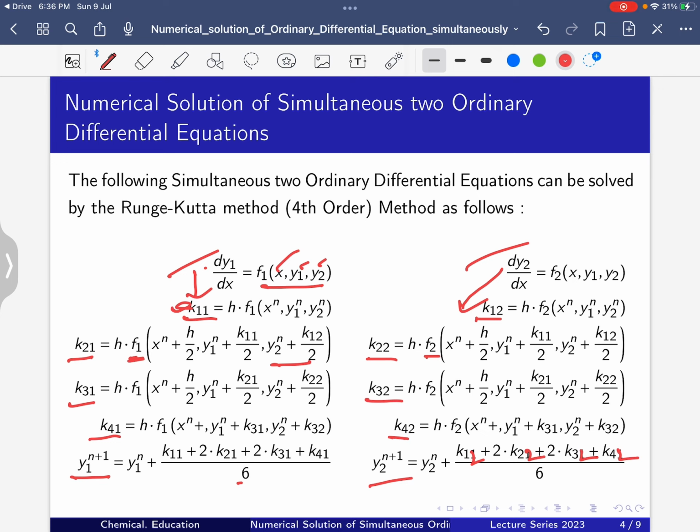If it is 5 ODEs, we can solve, and 6 variables will come. So that way you can solve. If you understood how to solve 2 ordinary differential equations, then you can solve any number of simultaneous ordinary differential equations. That's it.